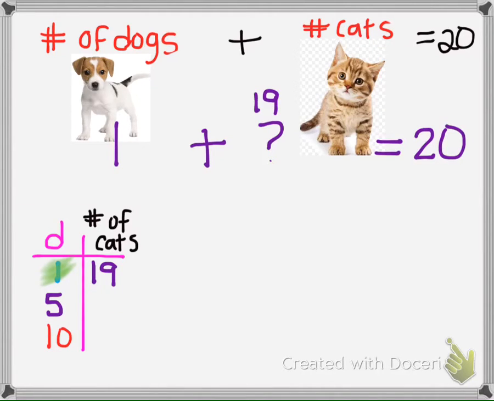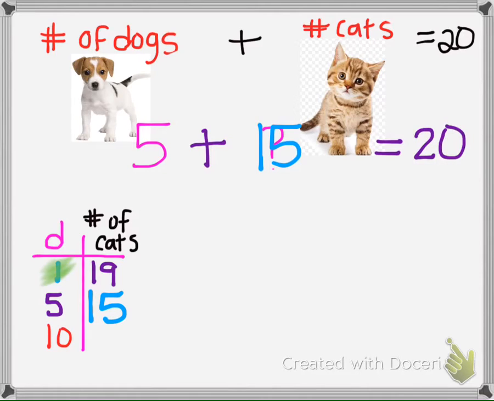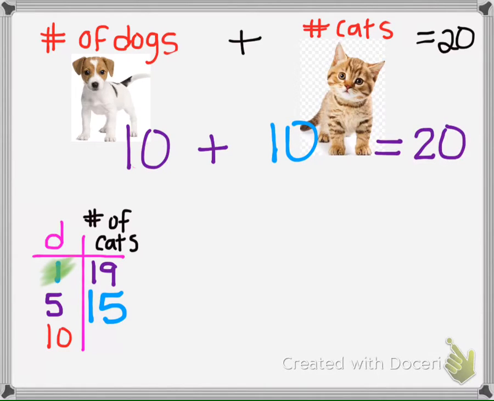Now let's say that there were 5 dogs. So if there were 5 dogs, how many cats so that the total is 20? So 5 plus 15, there would be 15 cats, because the total altogether is 20. Now let's say, again, I'm making these values up, there's 10 dogs. If there's 10 dogs, then there would have to be 10 cats.